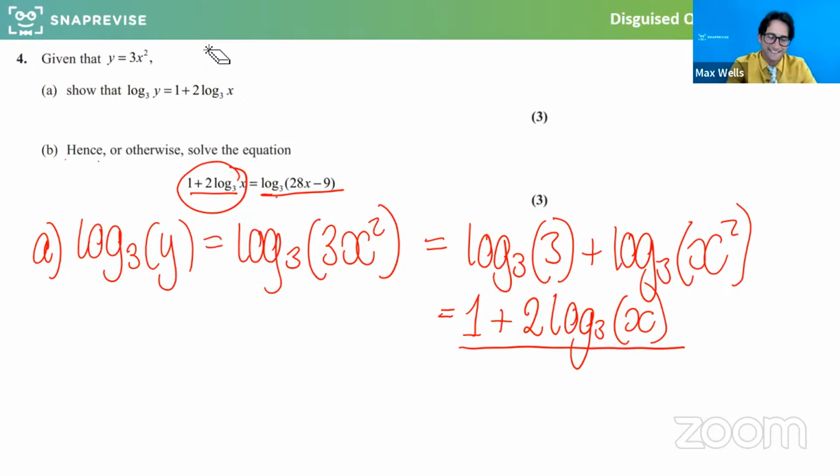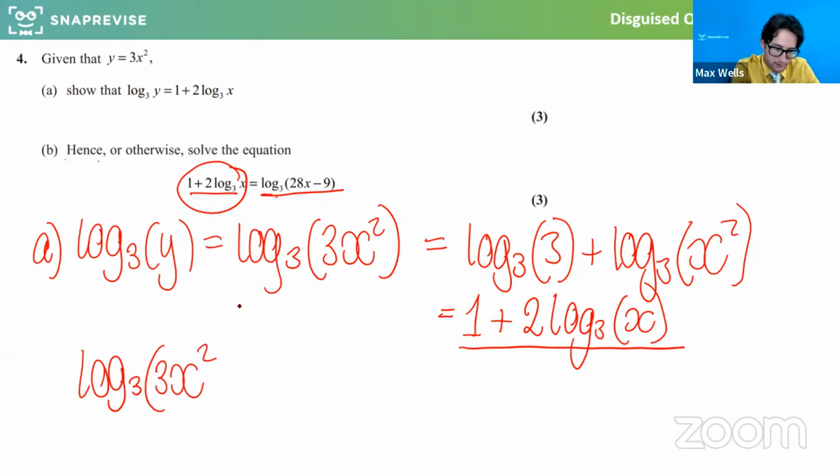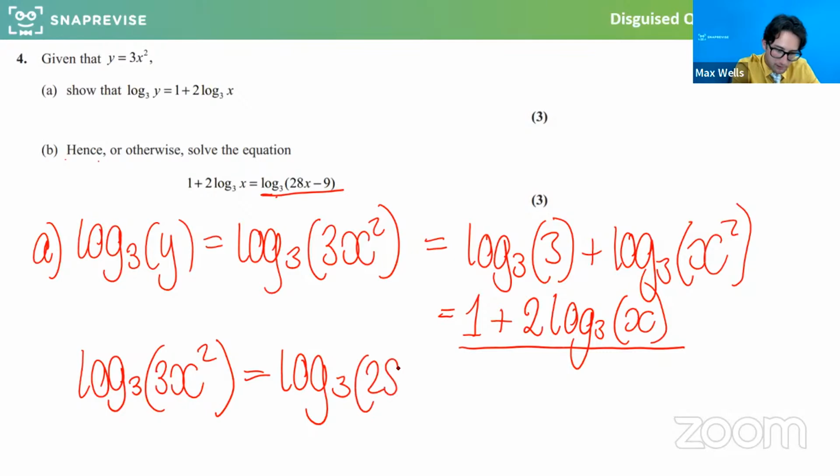So what we can do is we can sub our previous answer instead and say that log 3 of y, so log 3 of 3x squared, is effectively this. And that is being equal to log 3 of 28x minus 9.